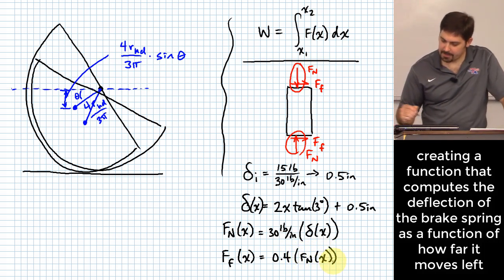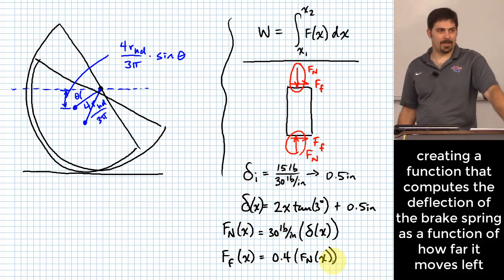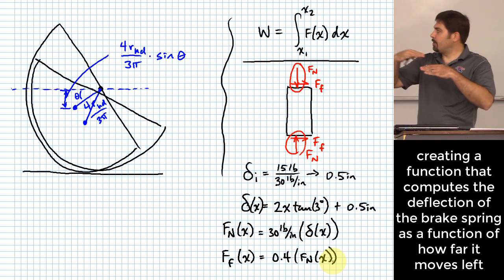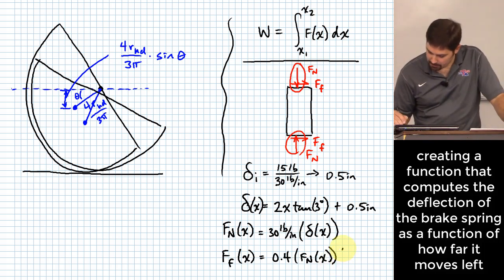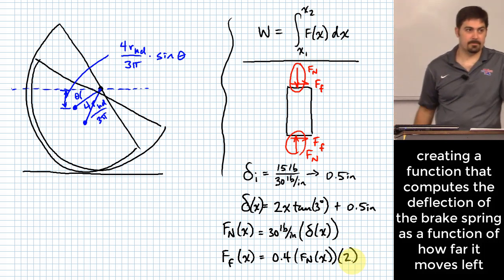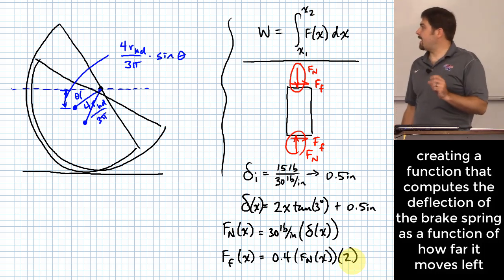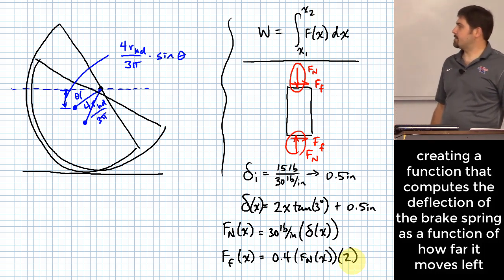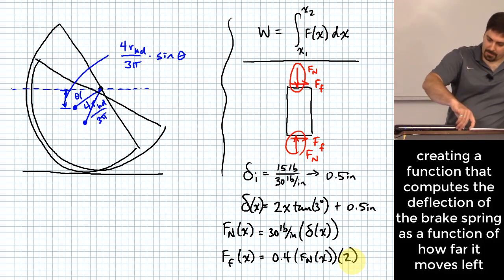And here's where something is a little bit tricky. There's 2 of them. There's going to be that reaction on the lower side and that reaction on the upper side, and so I would need to multiply this by 2. And so this is the amount of resistive force that happens as a function of x as this thing moves along. Let me go ahead and implement those 3 functions in my Mathcad sheet.